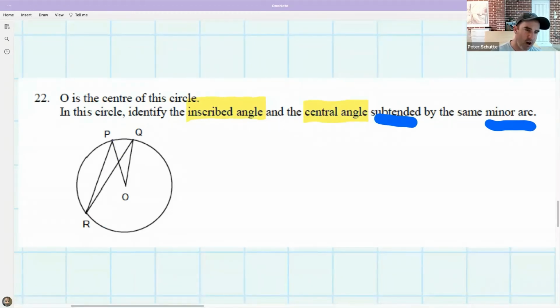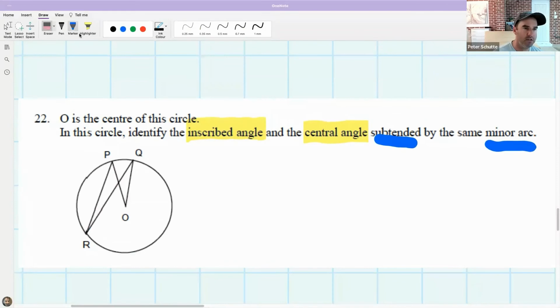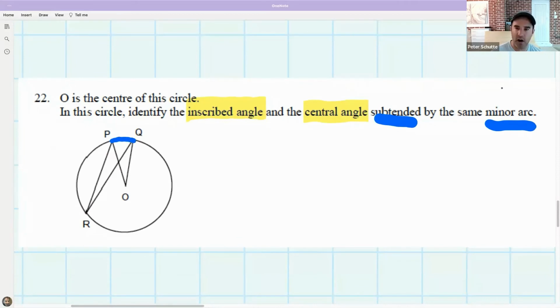The minor arc is the arc that travels from P to Q. Let me make my pen a different color. That is going to be the minor arc, PQ. Subtended really just means to form a base.